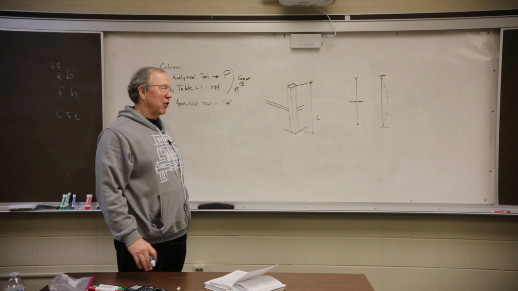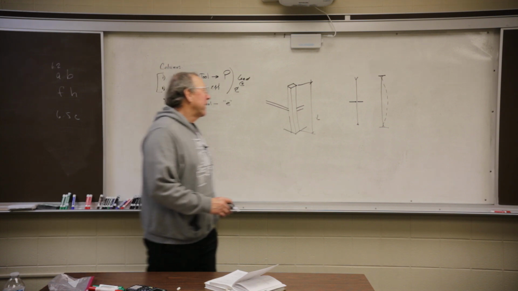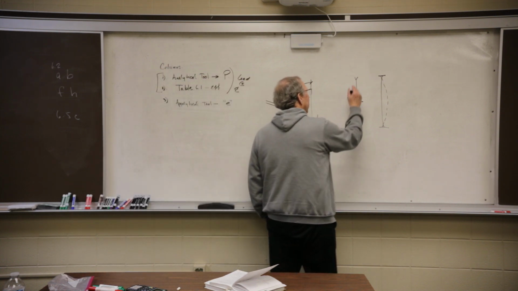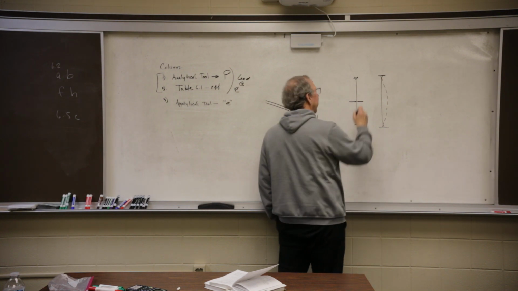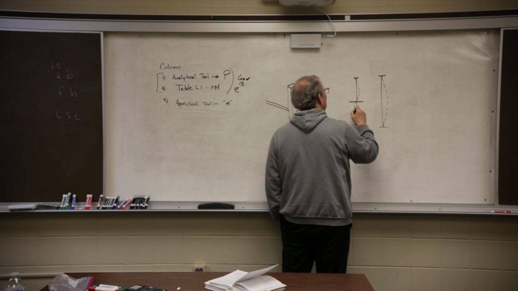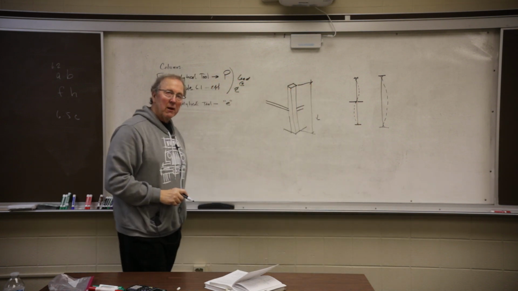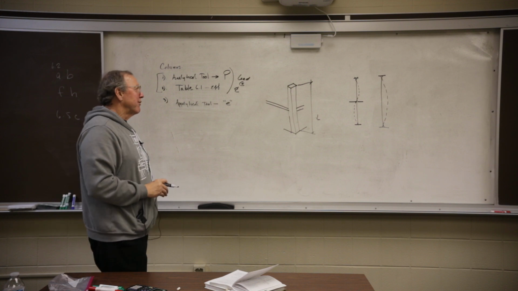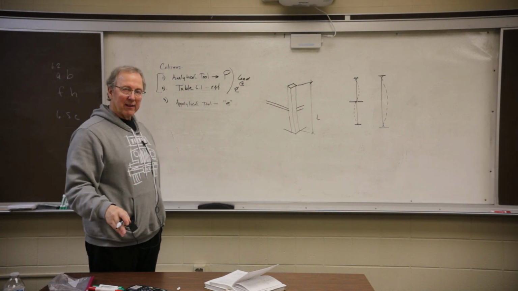The combination of those two determines how fast it's going to buckle. So if I put that brace in here and it's tied here and restricted there, when I push down, it's going to buckle like that. So we have a difference between its real length and its unbraced length.